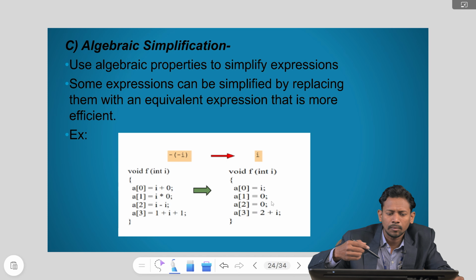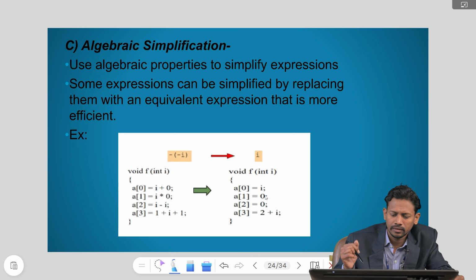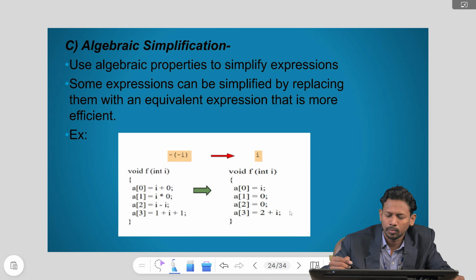So algebraic simplifications can be done. 1 plus I plus 1 can be substituted with 2 plus I. This is one of the code optimization techniques.